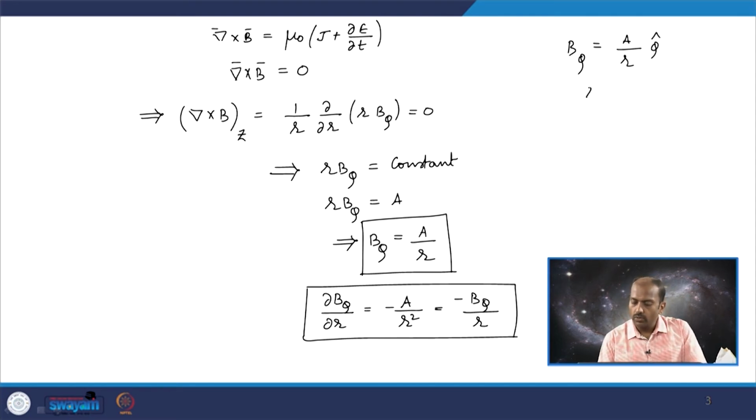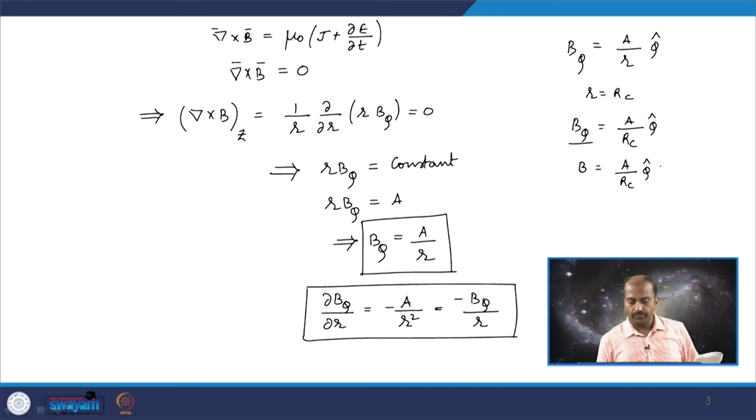So, if we use R equivalent to RC, we say B phi is equal to A by RC along the phi direction, right. So, this is the magnetic field. You call it B phi or B. We simply call it B, which is equal to A by RC in the phi direction.